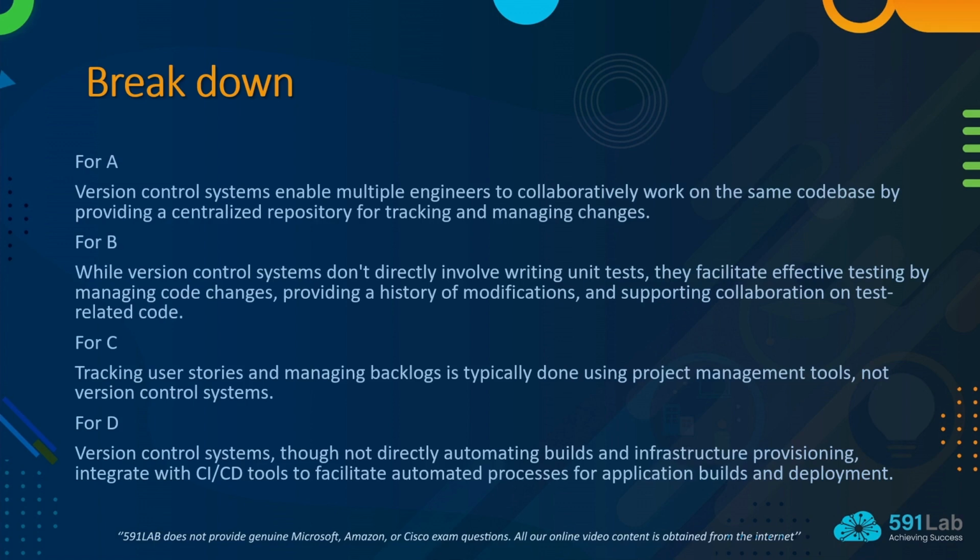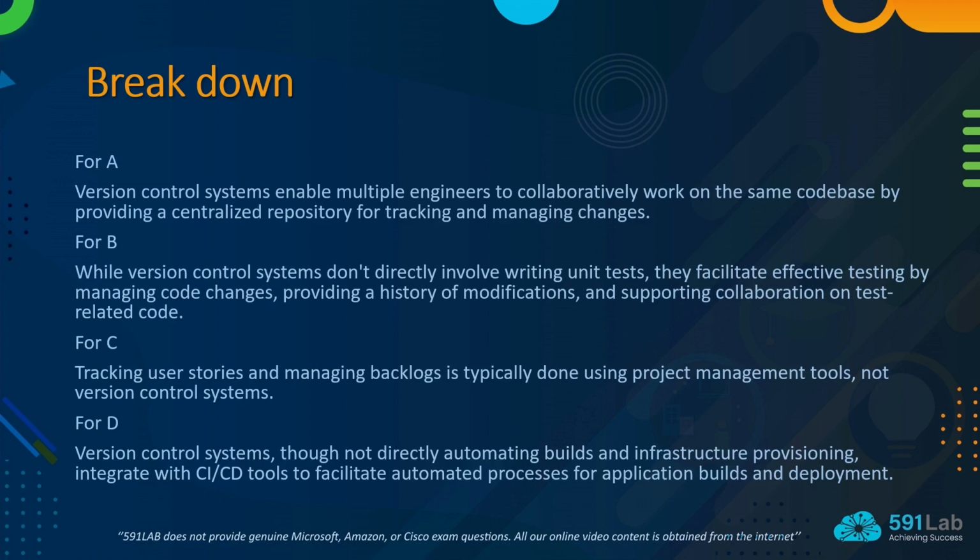For option D, while a version control system may not directly automate application builds and infrastructure provisioning, they often integrate with CI/CD tools that handle these tasks. These tools use version control systems like GitHub to trigger automated builds, run tests, and deploy applications.